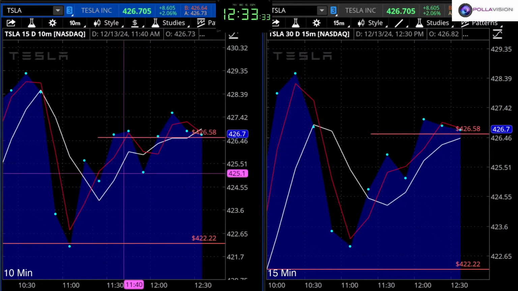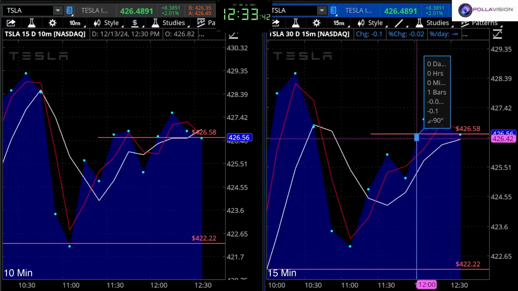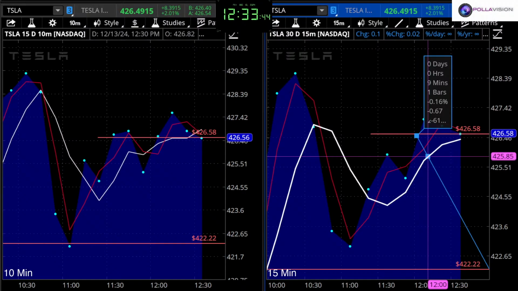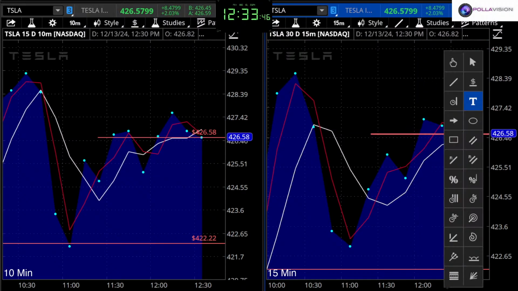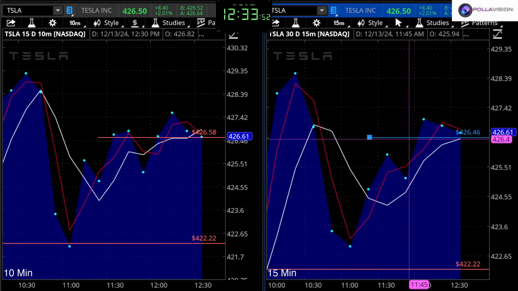See if it stays above that point. So when I change the charts, actually I can lower this a little bit. I'm going to put that right there.